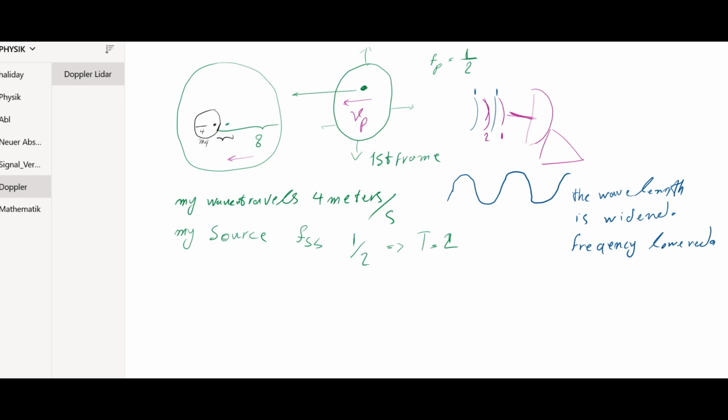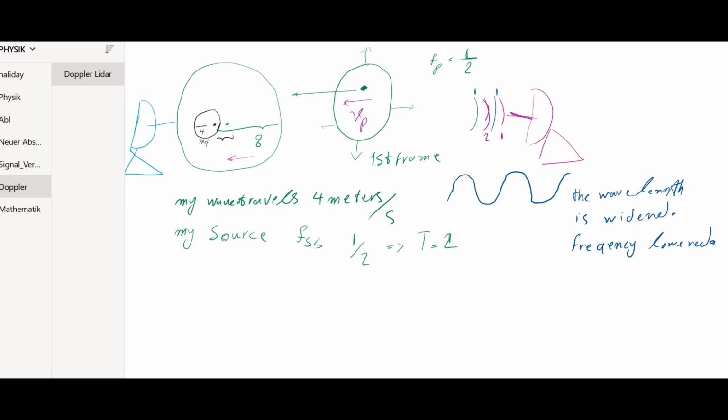If I'm on the other side, on the receiving side, let us show it with the blue receiver. I'm not receiving something like this every 2 seconds, but I'm receiving it faster, because the second one is also coming toward me. How much faster?